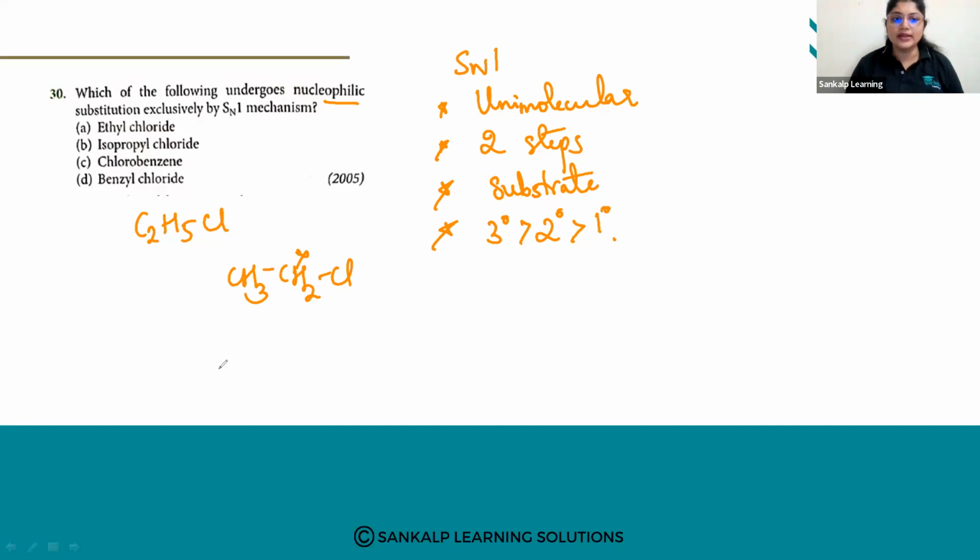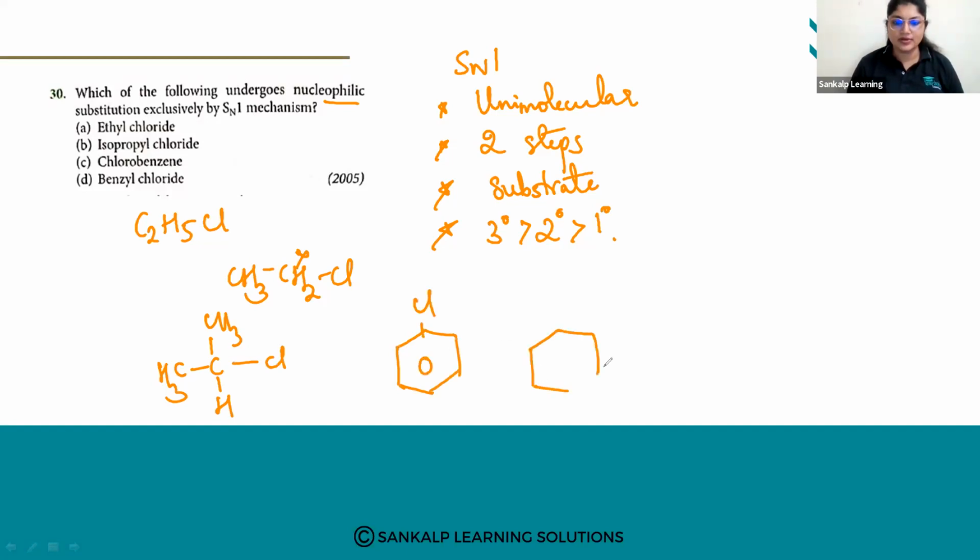Then isopropyl chloride, CH(CH3)2Cl. Next is chlorobenzene.